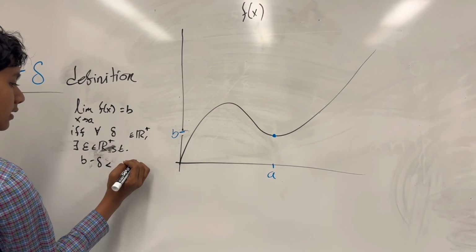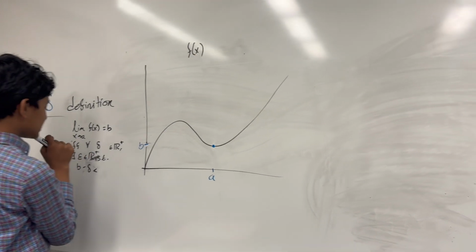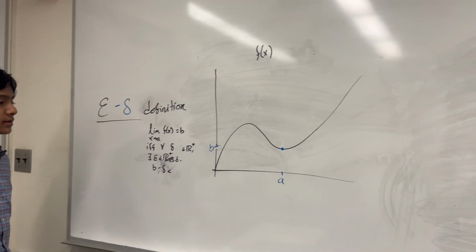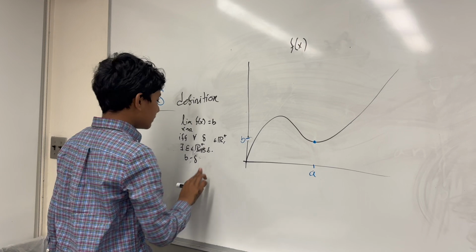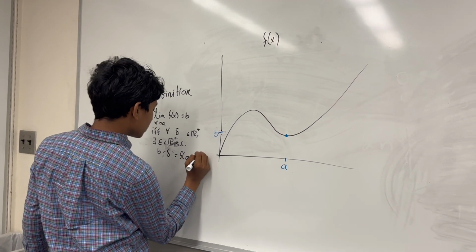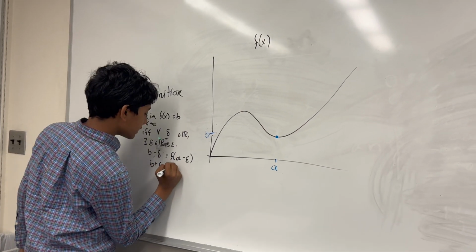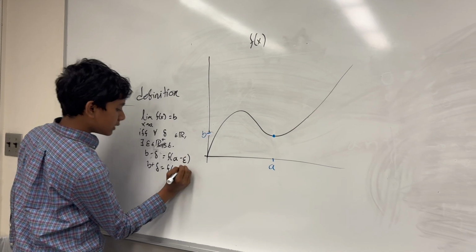B minus delta is less than, B minus delta is equal to f of a minus epsilon. B plus delta, this doesn't have to necessarily be positive, is equal to f of a plus epsilon.